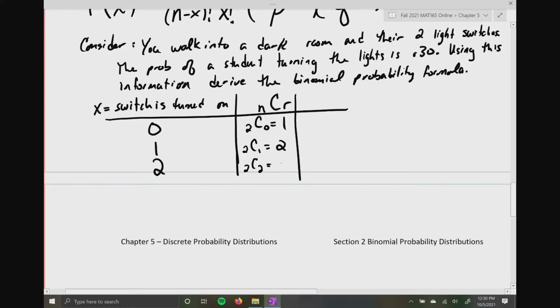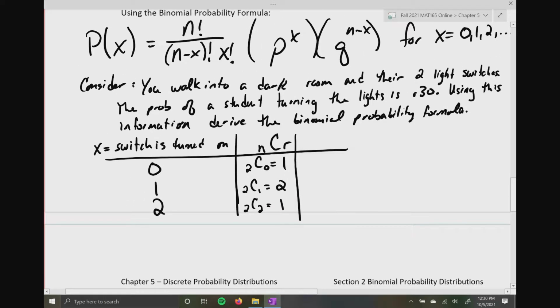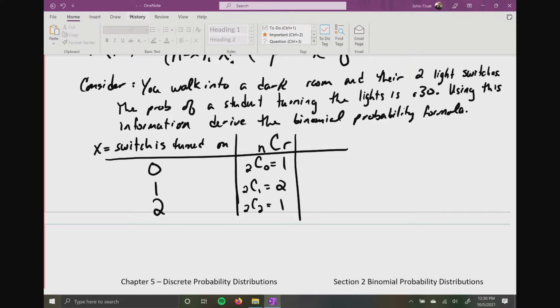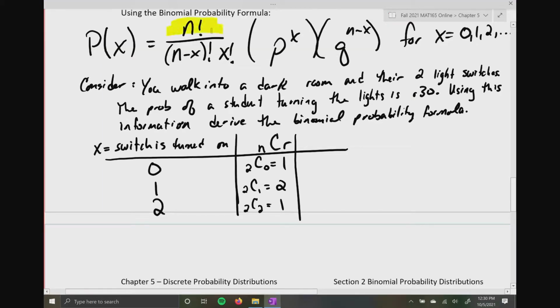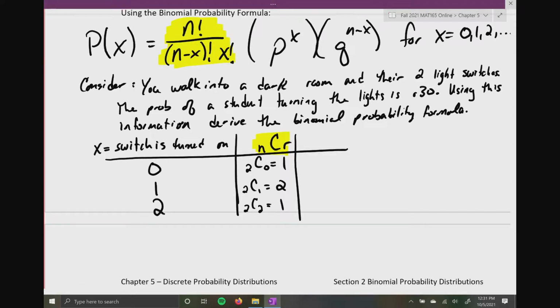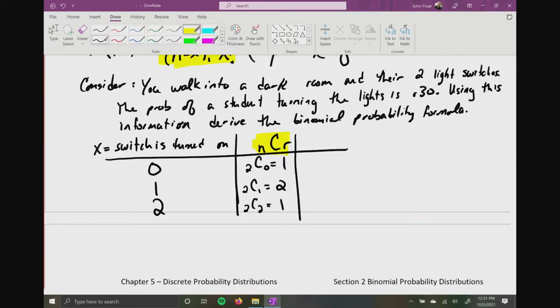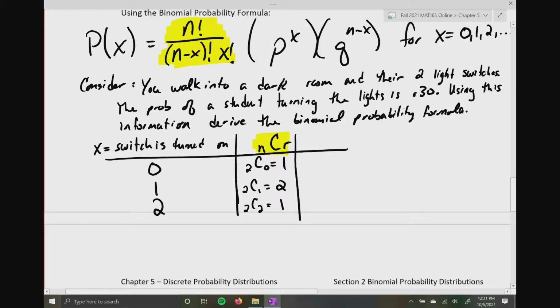And that only occurs one way. So notice here, and I'm going to highlight here so you can see, that's what this represents right here. Okay, so we're using our counting techniques from chapter 4 to figure out how many ways can these light switches be turned on. Now, the next thing we got to worry about is going to be this P of X and Q to the N minus X thing. Well, if we think about this, I'm going to write this out here.